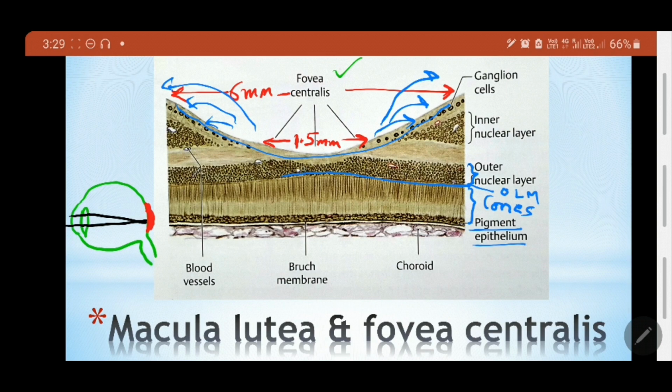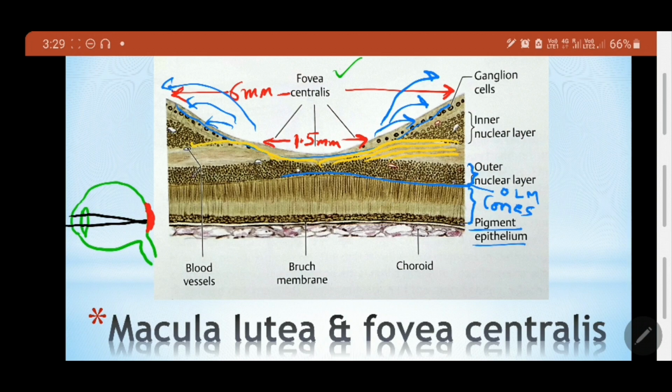So remember at this point, because you have been digging the hole, the axons of these cones, forget about the rods here, will be shifted laterally. They'll be obliquely placed.